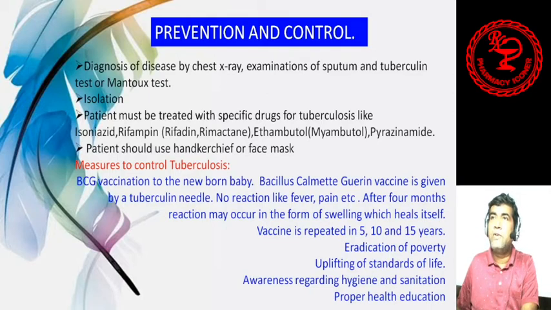The patient must be isolated. If it is a school-going person, they should not be allowed to go to school. Home isolation is advisable. And the patient must be treated with specific drugs for tuberculosis like isoniazid, rifampin, ethambutol, pyrazinamide, etc. Sometimes the tuberculosis microorganism tends to develop resistance against the drugs.